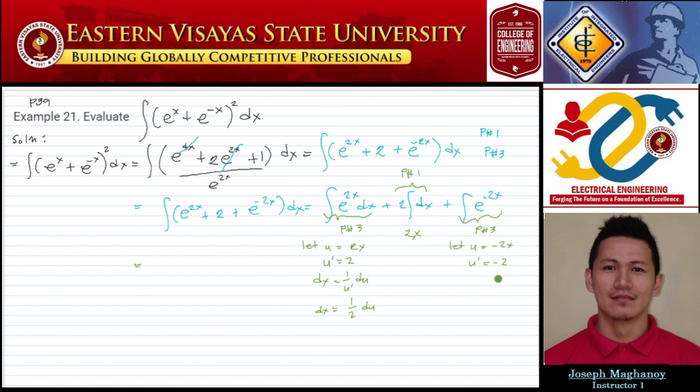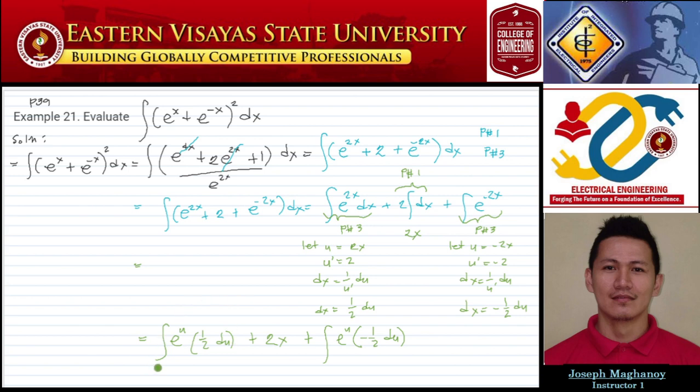So here, we can apply our correction factor to our terms. Integral of e, replace it with u, and apply our correction factor 1/2 du, plus 2x, plus e raised to u with correction factor negative 1/2 du.